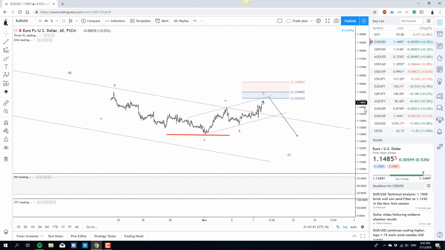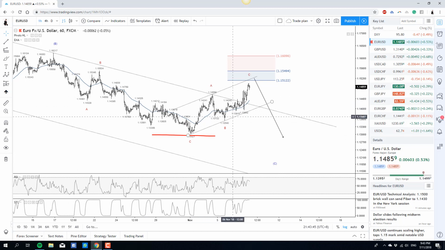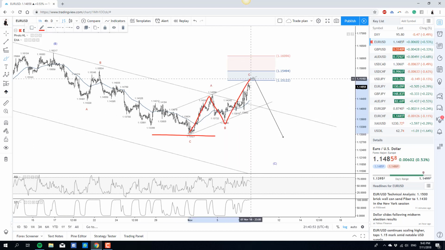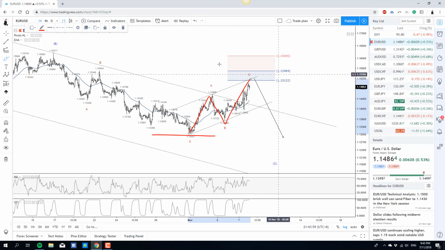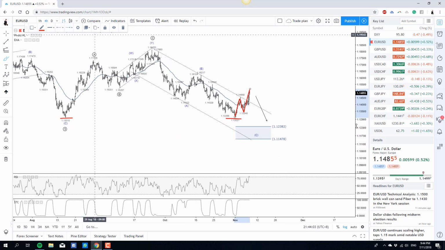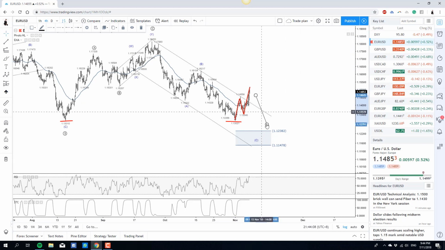If I bring you to the lower time frame, this bounce looks pretty corrective and is not very strong to the upside, which gives us the potential that this might be an ABC, with completion around 1.1512 to 1.1549.